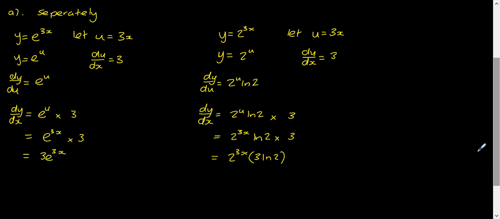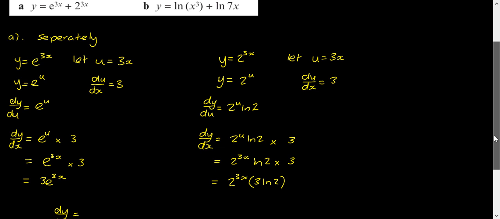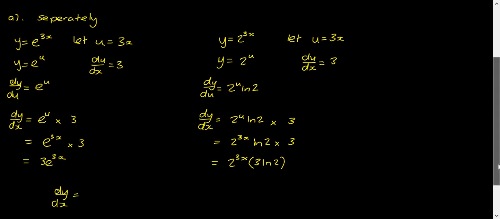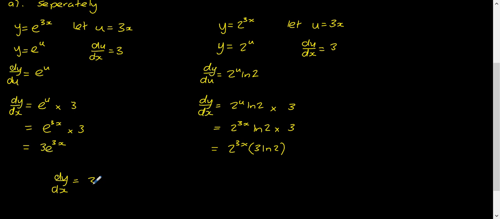And that's exactly what we did last week as well, but we just used the fact that k is this and k goes there. So dy by dx then, for the whole function, remember these two were added together, e to the 3x plus 2 to the 3x. We just take our two derivatives and add them together. So 3e to the 3x plus 2 to the 3x multiplied by 3 log 2.